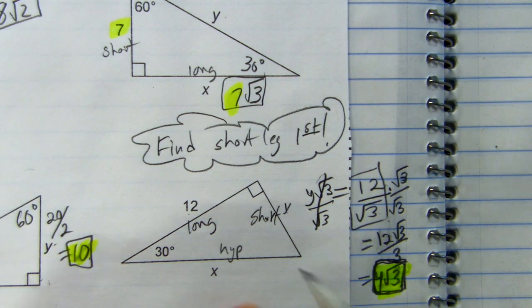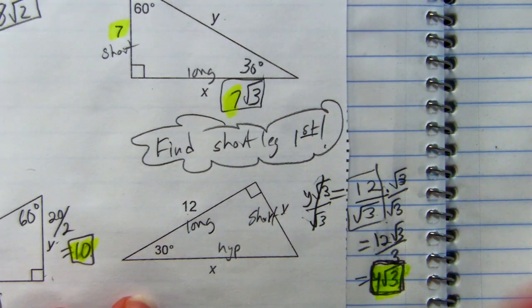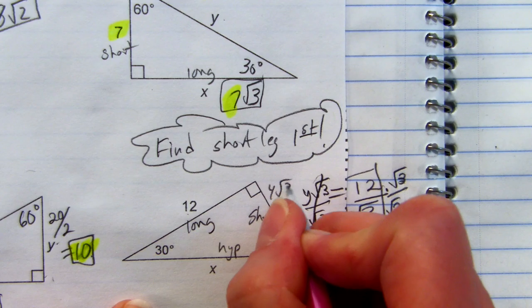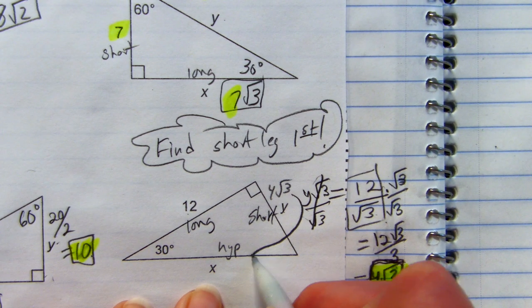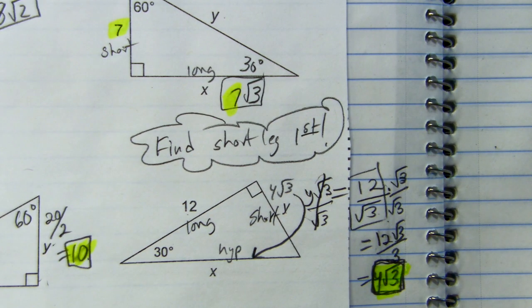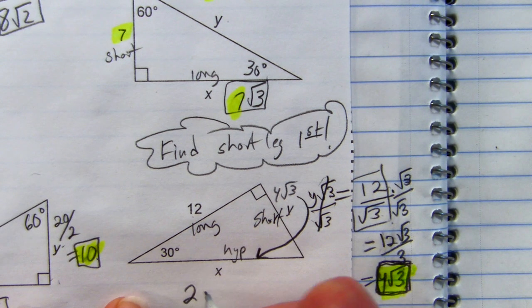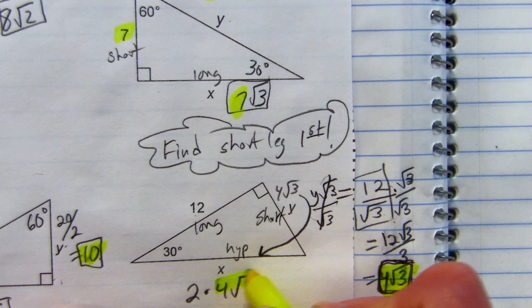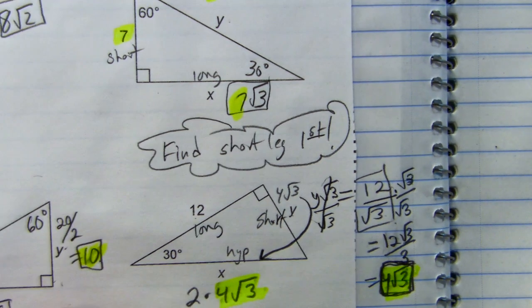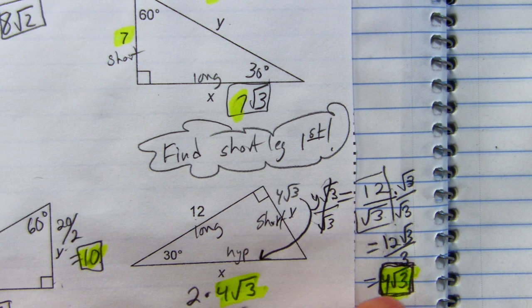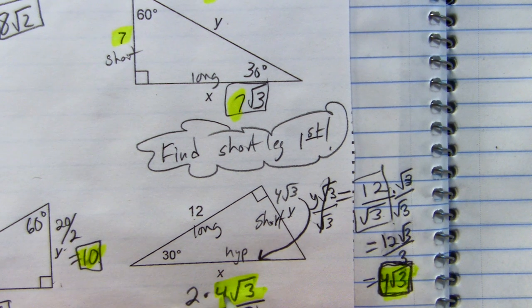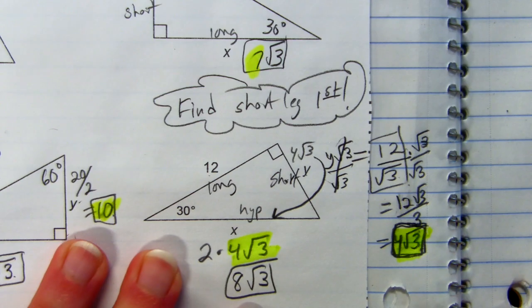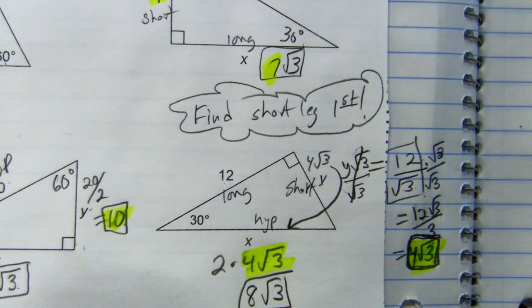So now if I'm going from the short leg being 4 radical 3 to the hypotenuse, what do I multiply by? 2. So I'm going to take 2 times 4 radical 3. So that 4 radical 3 is my short leg. And what would I get? 8 radical 3. So I just multiply those whole numbers together, and the radical stays the same. Sorry, I kind of went off the screen. So there we are.